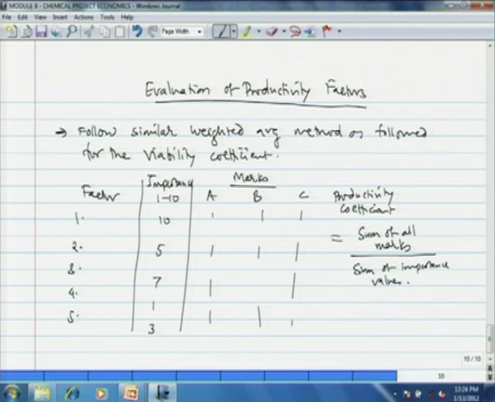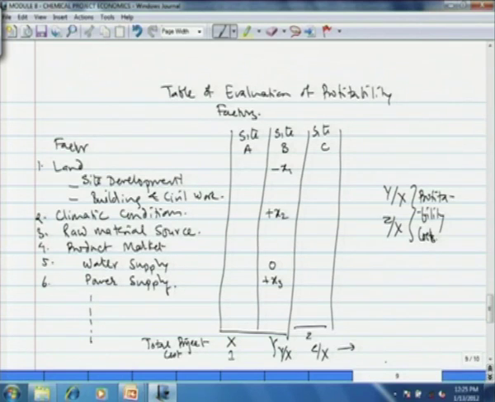It may so happen that the two coefficients, the productivity coefficient and the profitability coefficient, may not be high for the same site. How do we choose between them? We make up our mind that any site that is having productivity coefficient less than 0.5 may not be acceptable.